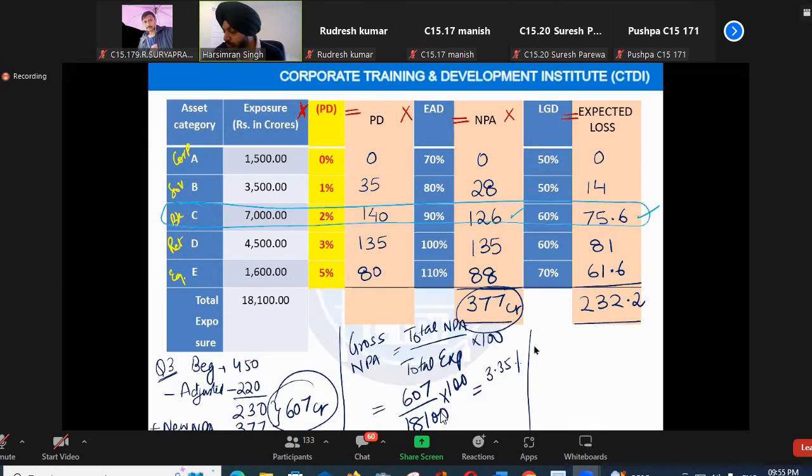And last is portfolio default rate. In portfolio default rate, what is your present year NPA? Present year NPA is 377 divided by total exposure into 100.